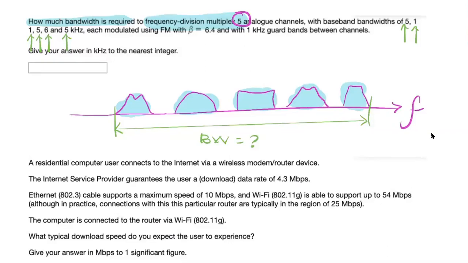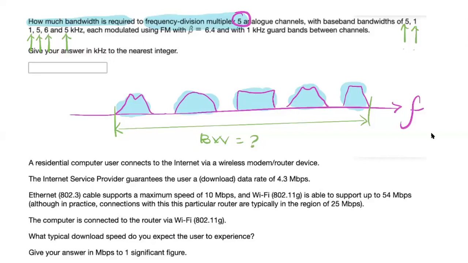Okay, that's strange. It says 5 channels, but it looks like there are 6. 1, 2, 3, 4, 5, 6. Okay, so there's an error in this question. So we need to fix that.